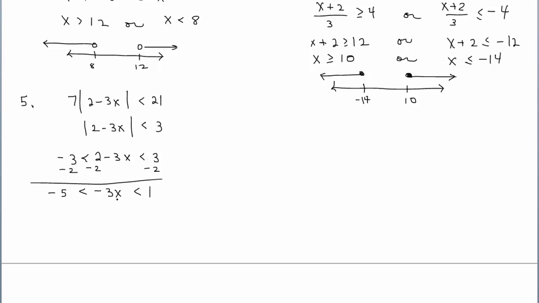Divide everything by negative 3. Remember what that means. In your next step, you'll reverse the symbols. So x greater than, and there's not much you can do here, so it's negative 5/3 and 1/3. And on this piece of paper, I'll come up here and do the solution.